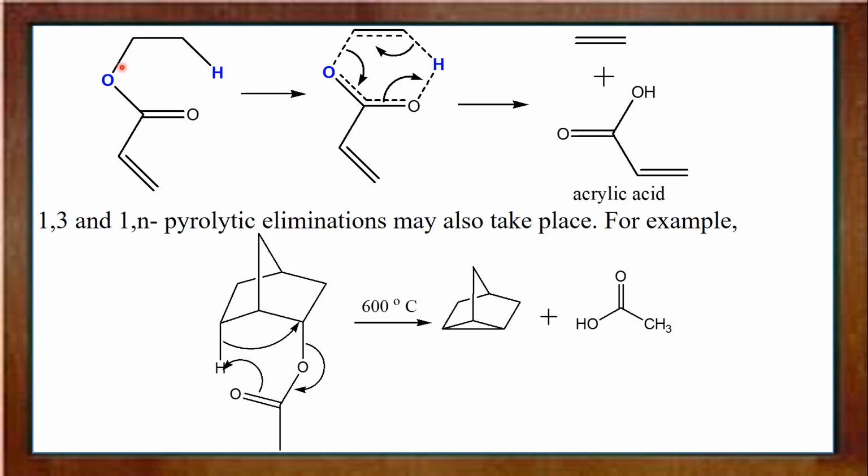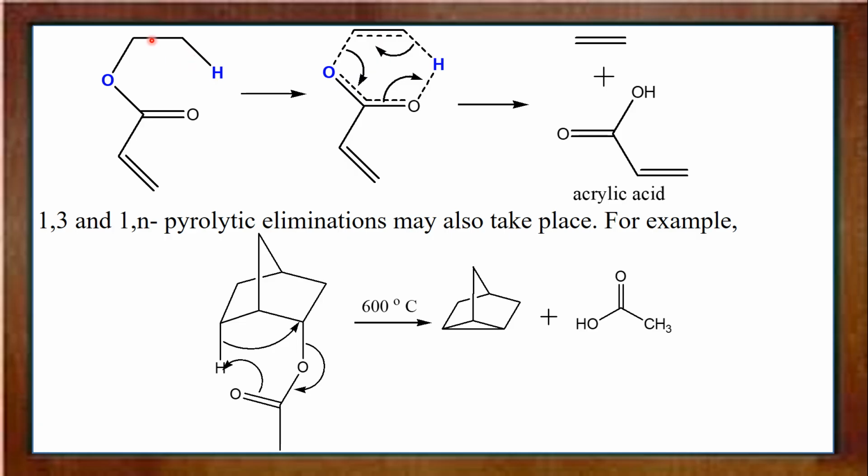So this is the carbon to which the leaving group, nucleophilic leaving group oxygen is connected. Therefore this is alpha and this is beta. So the pi electrons of the carbonyl group are gradually moving towards hydrogen. As these electrons are moving towards hydrogen, this bond breaks and the electrons are moving here.